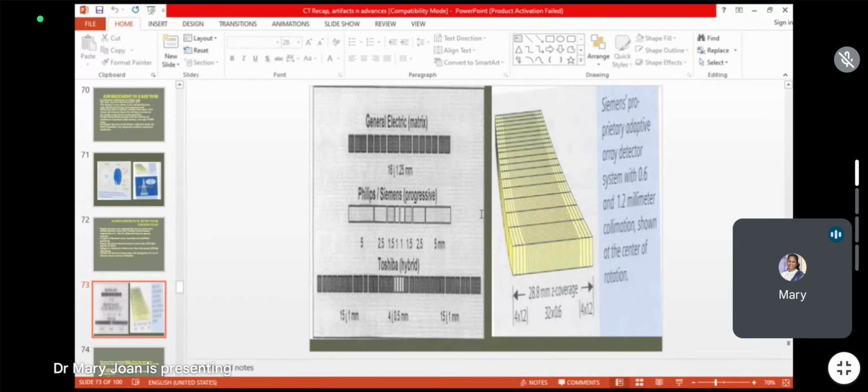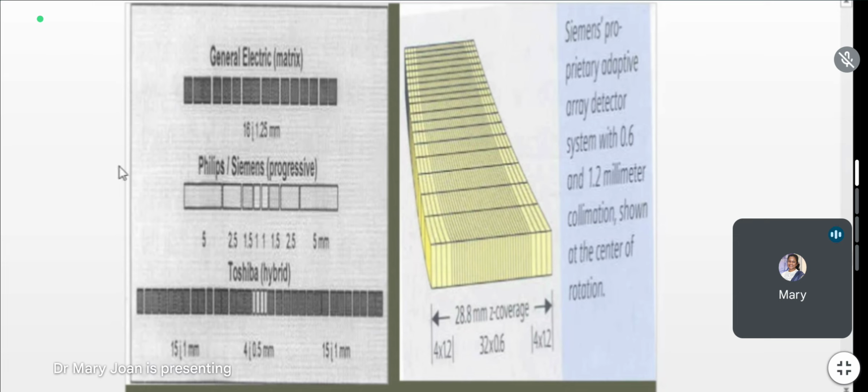So here you can see the different systems in which the elements are arranged. The thinner ones at the center and bigger ones towards the periphery. And here you can see thinner ones at the center, but all other elements are of the same size.